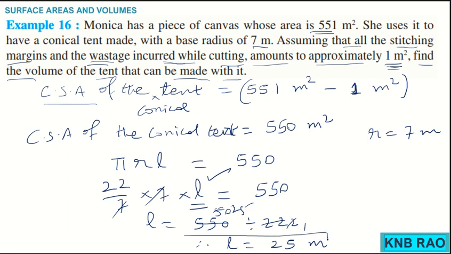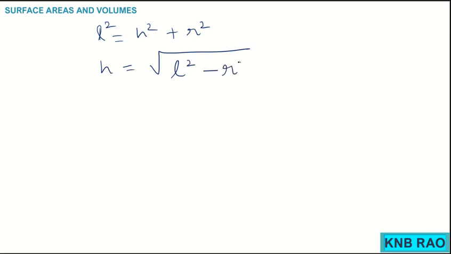So the moment you got the L value and the R value is already given, we can find the H value. You know L square equals H square plus R square. Thus H equals root under L square minus R square.